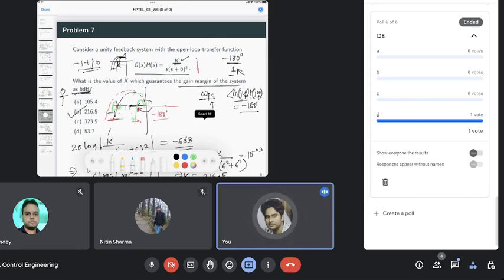You should not have a positive angle system, because initially you can have a positive angle, as it is passing through the above region, as you can see the angle is positive because of the impact of some zero. For each zero you have a positive contribution of 90 degrees, and for each pole you have a negative contribution of minus 90 degrees, right?